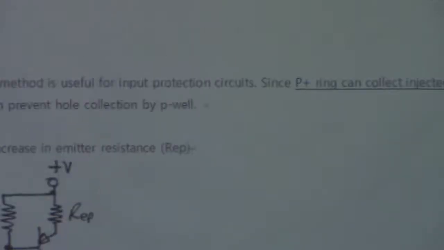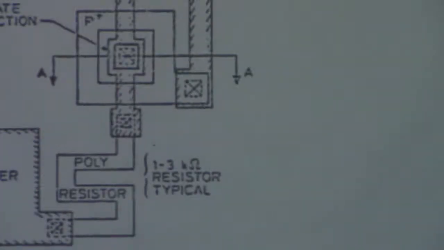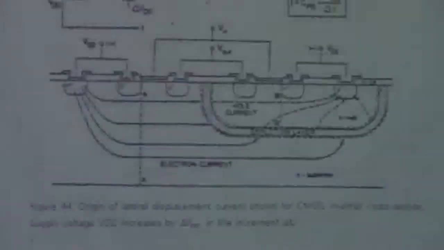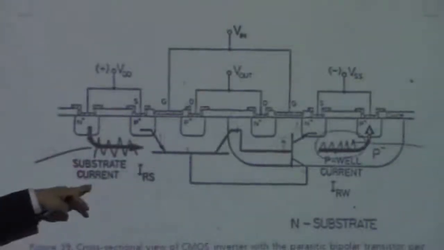RP is the resistance of the N-type substrate.